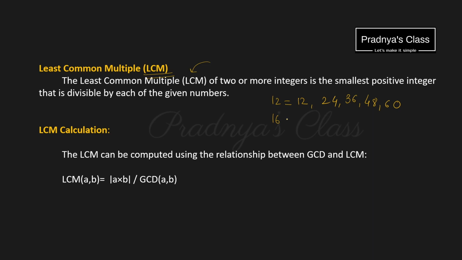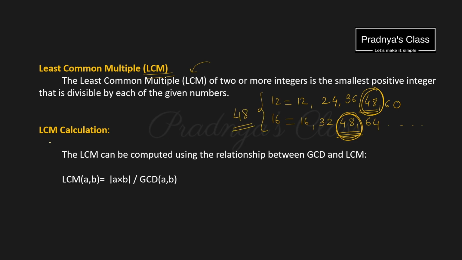Now let's calculate the multiples of 16. 16 ones are 16, 16 twos are 32, 16 threes are 48, 16 fours are 64. In this way we can calculate. But now we will stop calculating multiples because we can see the common multiple of both the numbers. In this way we got the smallest common multiple of both the numbers. It is nothing but 48. So for these two numbers, LCM will be 48.